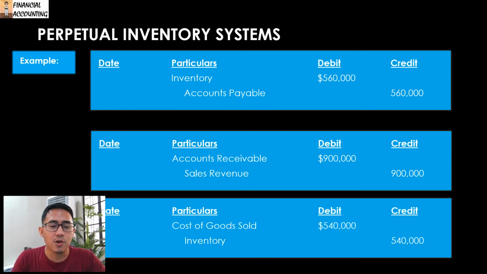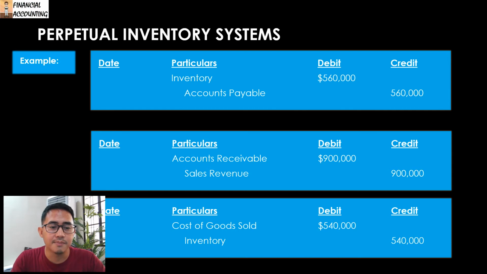And then you will prepare a corollary entry for the recognition of your cost of goods sold, because since you are using a perpetual inventory system, you know that your sales has cost and you can compute that using your system. Okay, so debit cost of goods sold 540,000 and credit inventory 540,000. The effect of this entry is that you'll be able to recognize cost of goods sold in your income statement, and since you credited inventory, that actually deducts from your balance of inventory.